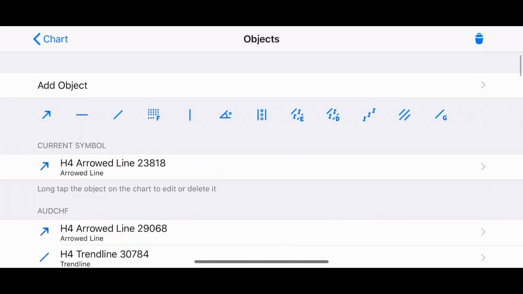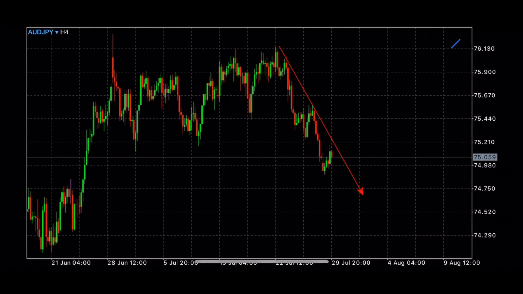We have a trend, a very steep trend. This trend has been moving ever since this pair has been making lower lows.